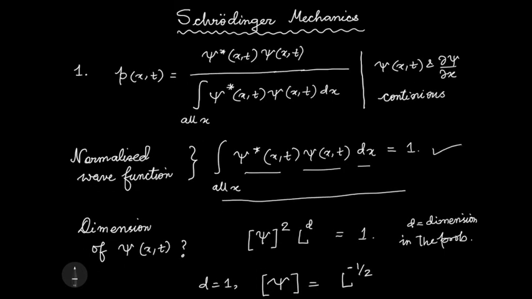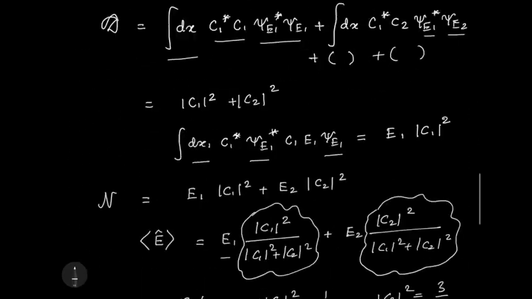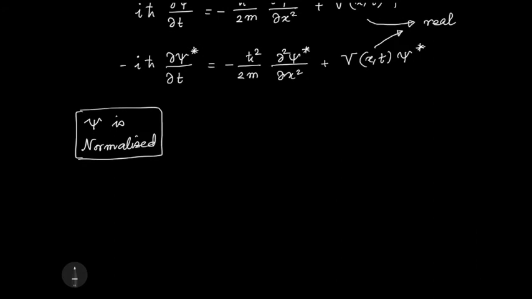So the denominator in this expression of p, the probability density, is 1, so I can just write p as psi star psi. So let's do that. Psi is normalized, so p of x,t is just psi star psi. Okay. What we want to do is find the time rate of change of this p. So you will agree that this is del t of psi star psi.